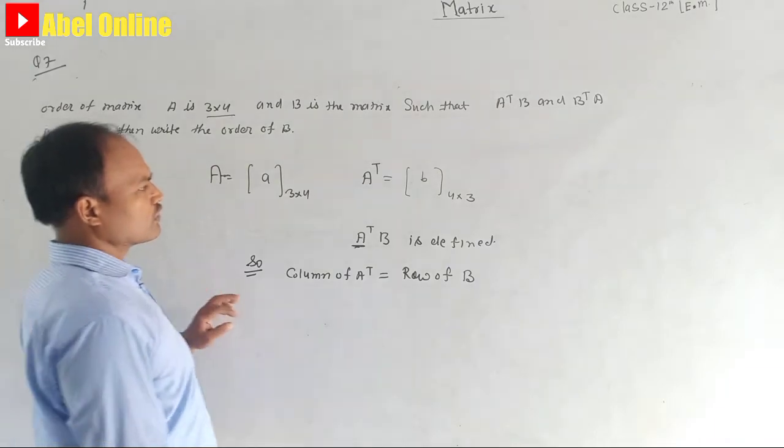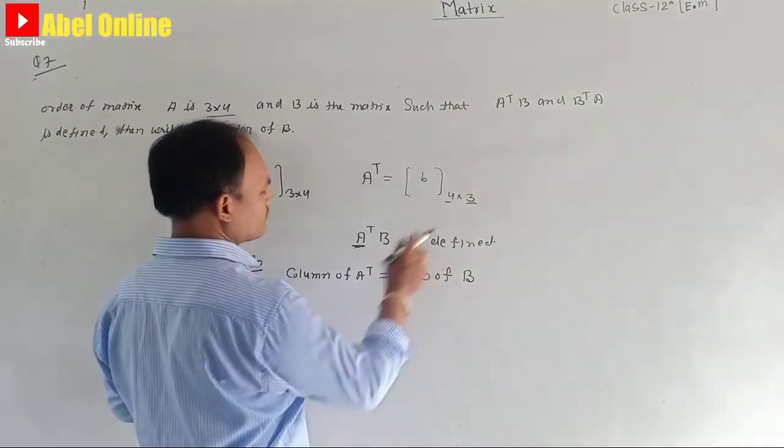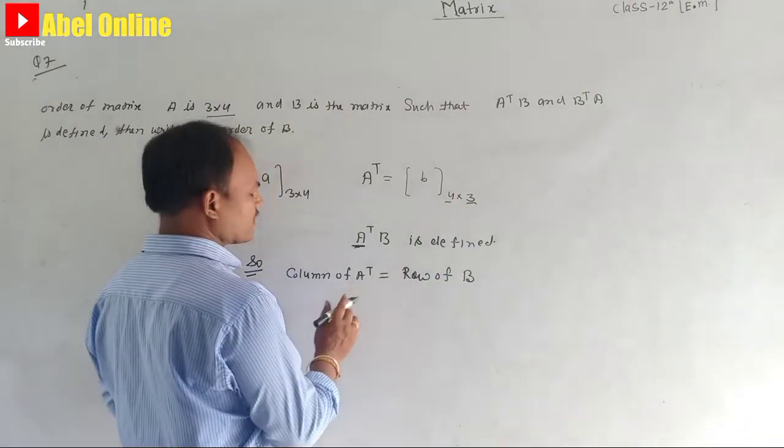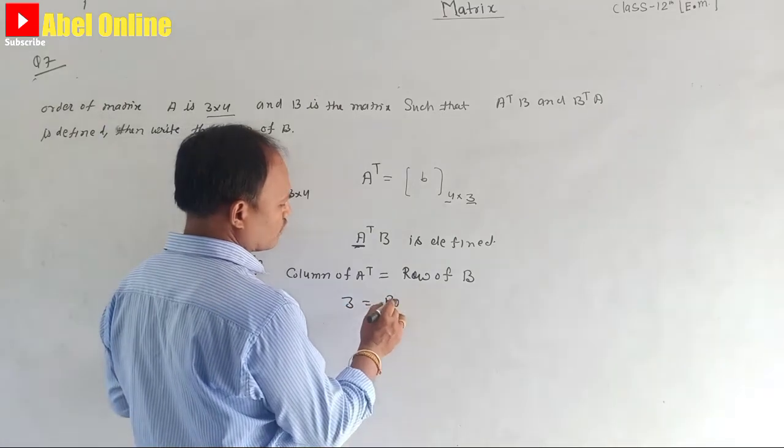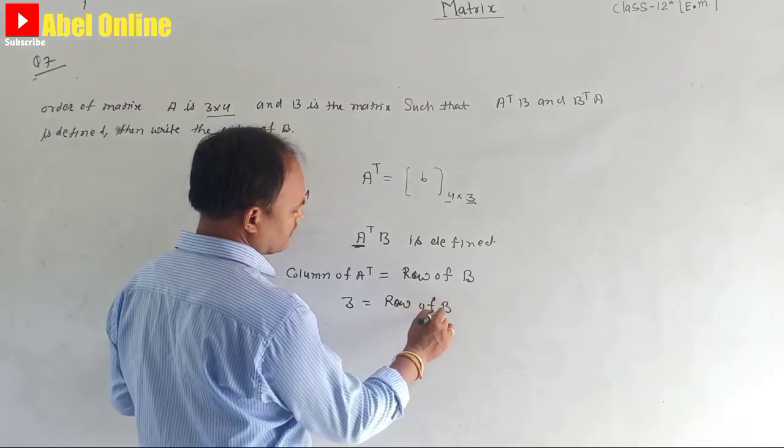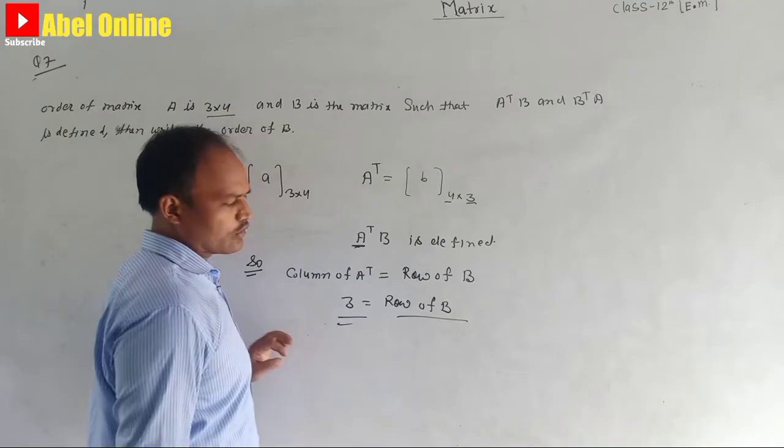The column of A transpose is 3. So the row of B is 3.